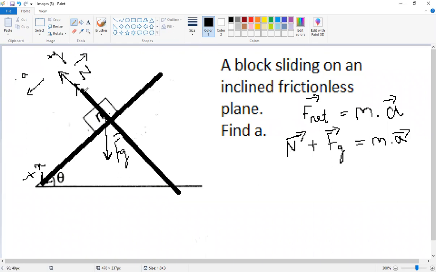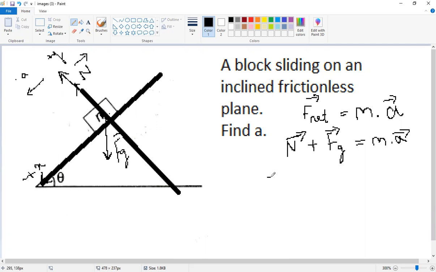at the normal force. The normal force has only one component, which is along the y direction, right? Its component is only along the y direction. It has no component along x. And what is the sign of this component? It is positive. Why? Because it is along the positive y direction, right?